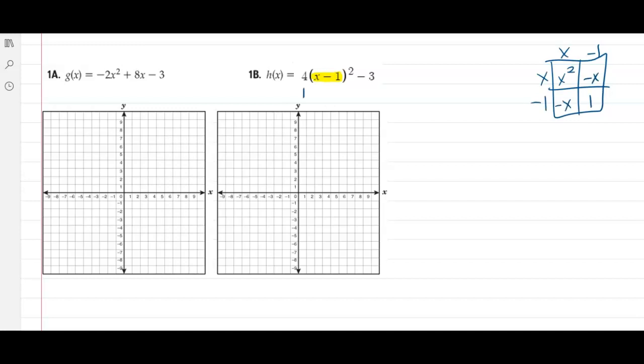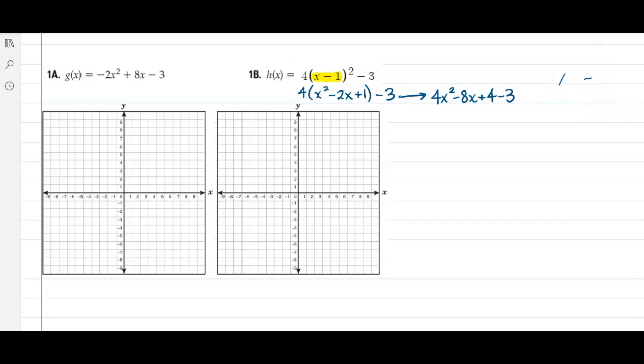Either way, we end up with 4 times x squared minus 2x plus 1 minus 3, which then becomes 4x squared minus 8x plus 4 minus 3 when I distribute. And then I can combine like terms to get 4x squared minus 8x plus 1.